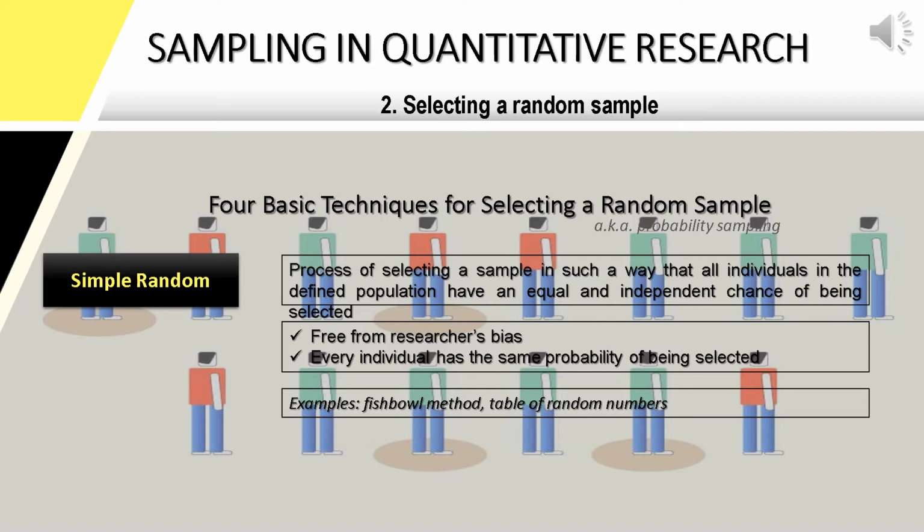Now, the selection of the sample is completely out of researcher's control. So, kaya ibig sabihin nun na lahat yan ay may pare-parehas na probability na ma-select, makuha, o mapili. So, kung paano napili yung isa, hindi yun nakaka-apekto kung paano mapipili yung iba. Ayun yung tinatawag nating simple random.